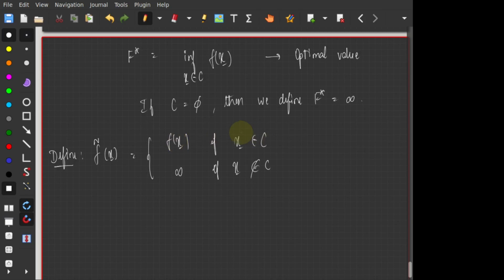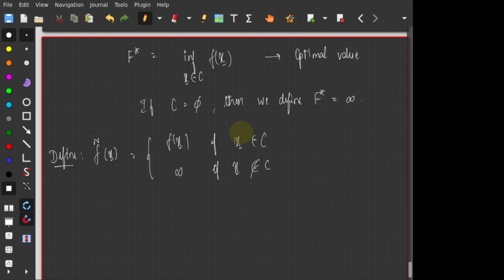So now this takes care of the previous question. What happens if C is empty, right? Because if C is empty, then f tilde of x is infinity throughout, for all Rn. And minimizing f tilde of x is the same as minimizing f of x. Do you all agree?